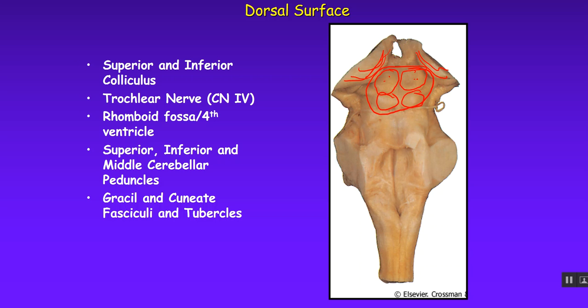Those are little relay centers for reflexive control of vision and hearing. When you hear a sound and your eyes reflexively dart over to look where that sound is, like when somebody walks in the back of the room, you have this urge to divert your eyes to make sure it's not something dangerous. Those little guys play a role in that.